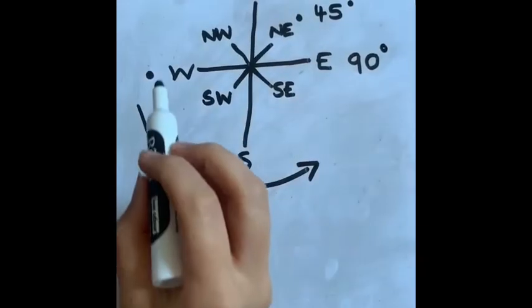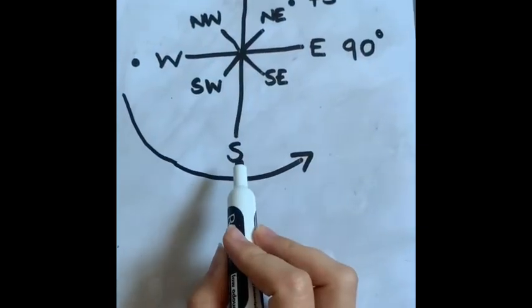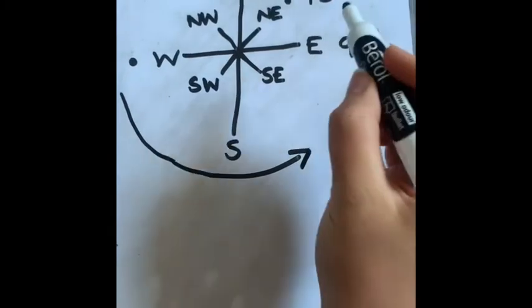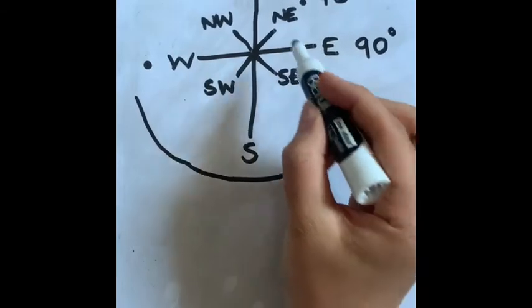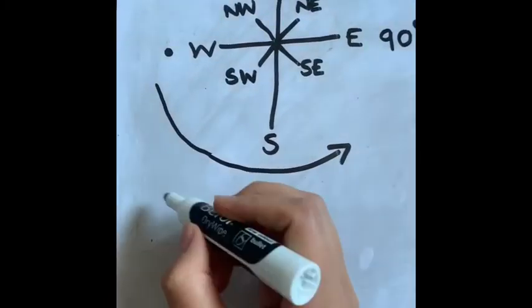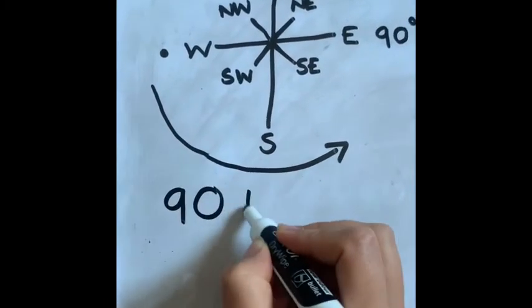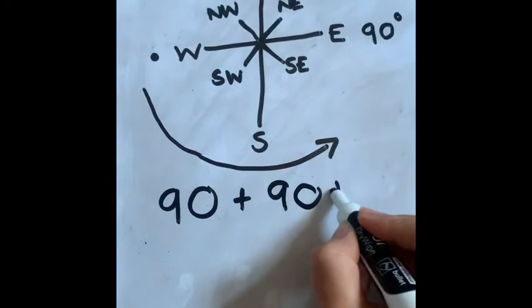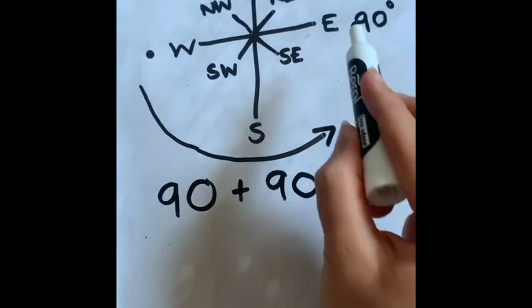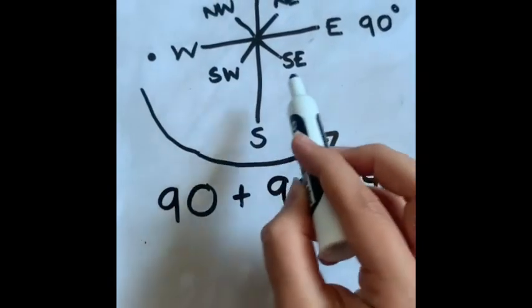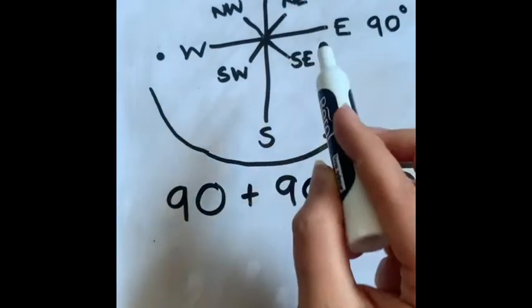So I know that from west to south is 90 degrees, south to east is 90 degrees, and then I've got east to northeast, which is 45. So I've got 90, add 90, add 45. Or you might have recognised that west to east is 180, because it's that angle on a straight line, plus the 45 degrees.